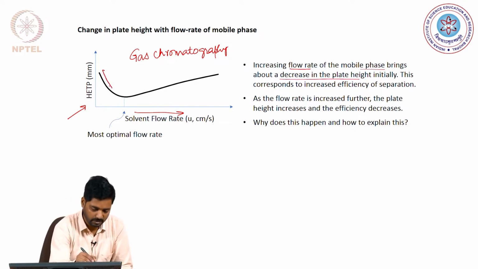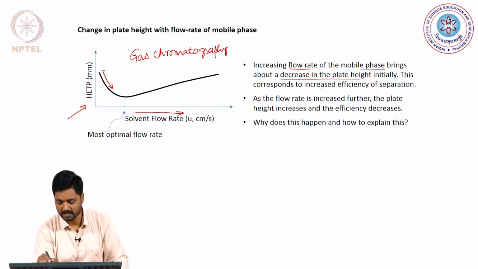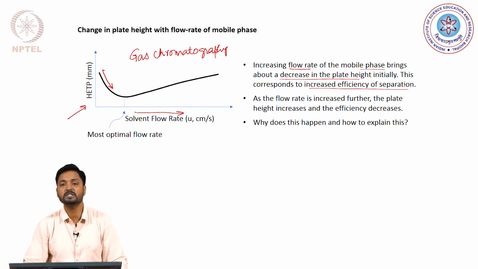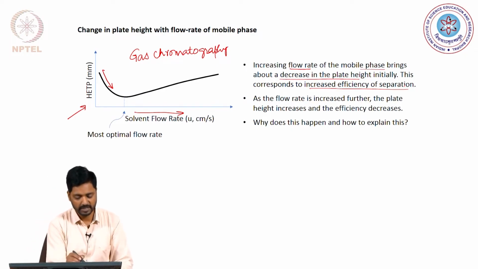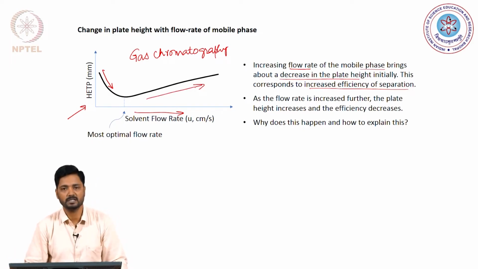So, we are talking about this regime where the plate height reduces or the efficiency of the column increases, and this is already mentioned in the text here. A reduction in the plate height implies that the efficiency of separation is improved. However, as we increase the flow rate further, which is this regime, the plate height starts increasing again and the efficiency undergoes a reduction.